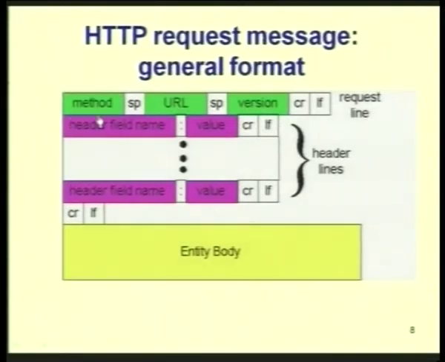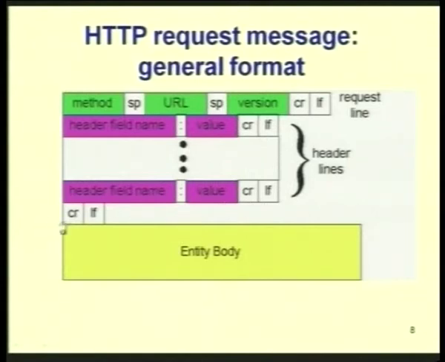If you look at the general format of the HTTP request message, it looks like this: method space URL space version followed by a carriage return line feed, that is, the next header field has to be on a new line. So, a carriage return line feed basically brings you to the next line. The next line will be header field name colon value carriage return line feed, and many such header fields, all in the same format followed by a colon followed by some value and terminating with a carriage return line feed.